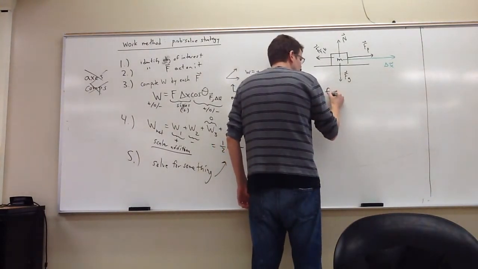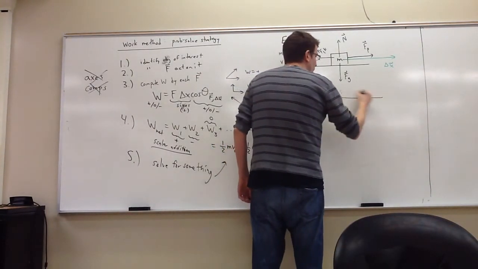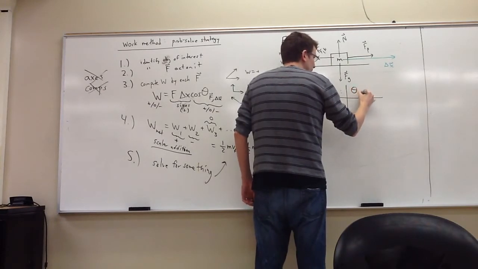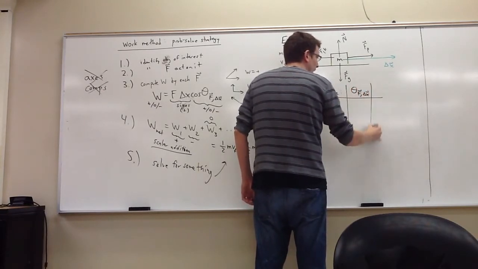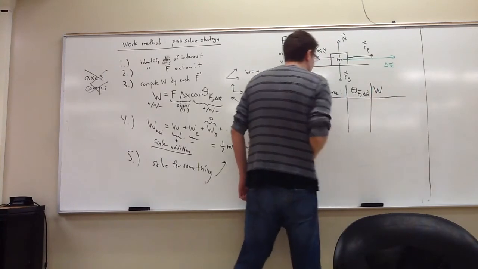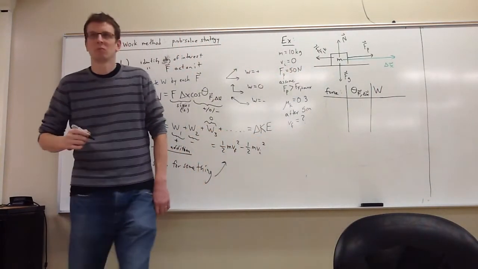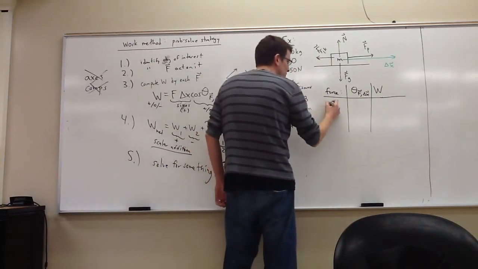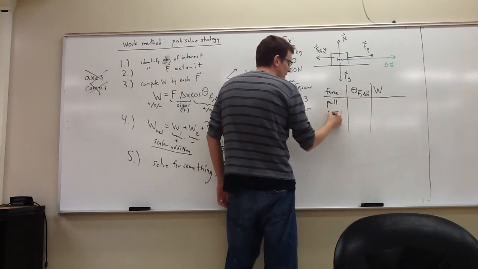For each force, I want to get the theta between that force and displacement, and ultimately compute the work. So we have the pulling force, we have gravity, normal force, and friction.